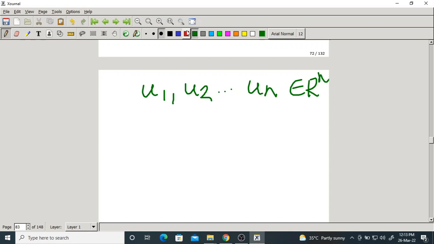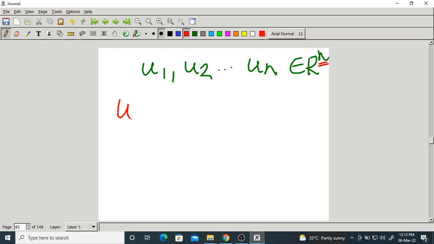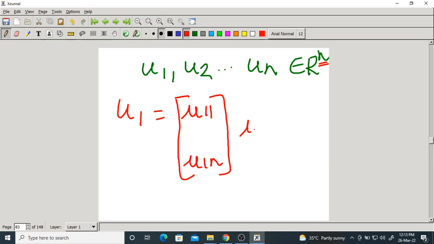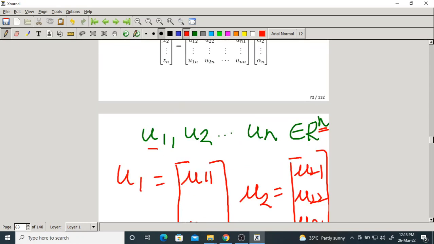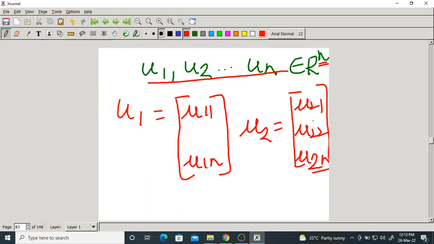They are basis vectors of n dimensions, which means u1 is a vector of n dimensions with elements u11 to u1n. What is u2? Another basis vector, u21, u22, up to u2n. Like this we have n basis vectors of dimension n, each n cross 1.